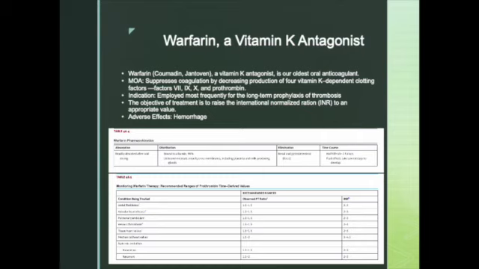Warfarin works by inhibiting vitamin K epoxide reductase complex. We also call that VKORC1, and this is an enzyme that's needed to convert vitamin K to an active form. So without VKORC1, our vitamin K would not be active. Because of this mechanism of action, we call warfarin a vitamin K antagonist.